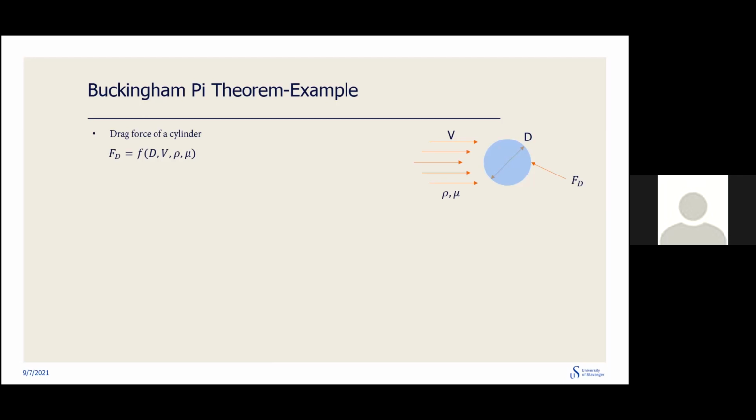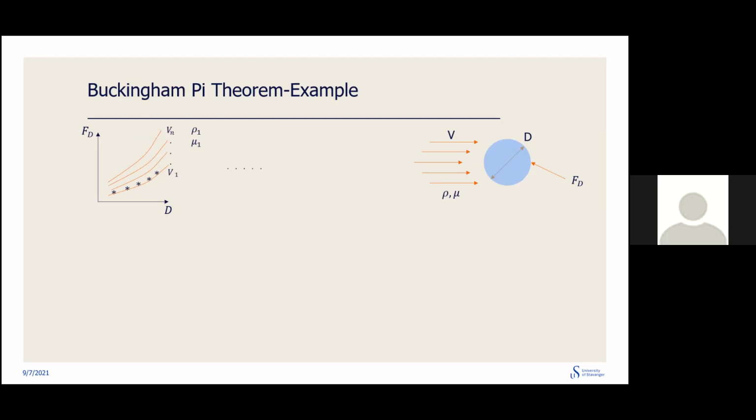Now I have to do tests, experiments, to find the relation between these parameters. First, I measure drag force at different diameters, at different velocities. I repeat this at different velocities, but at a single viscosity and density.